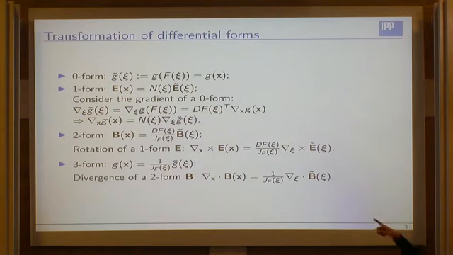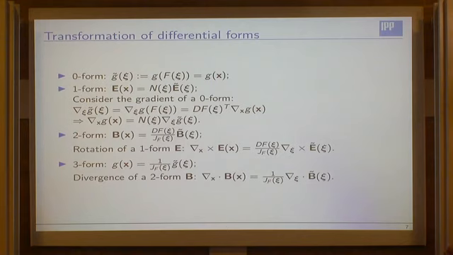So a one form, and here you use E because it will be the electric field. These are one forms. We have a vector that transforms with this transposed inverse Jacobian of psi. Then you can go on with the two form.